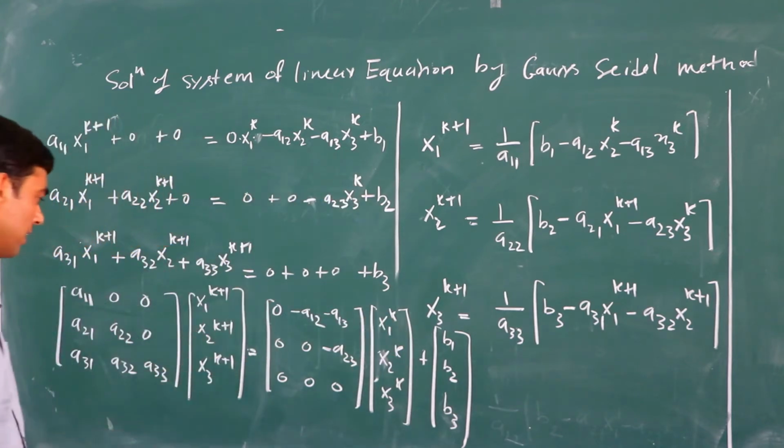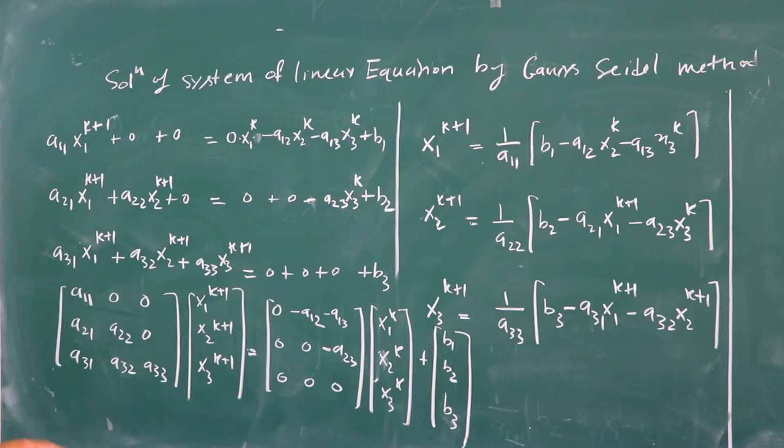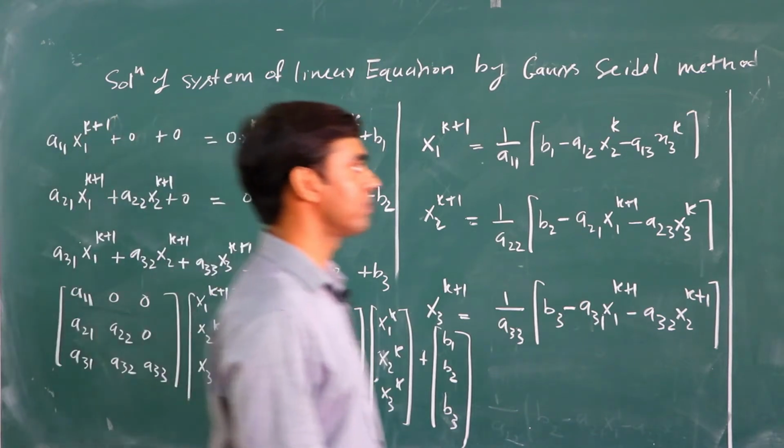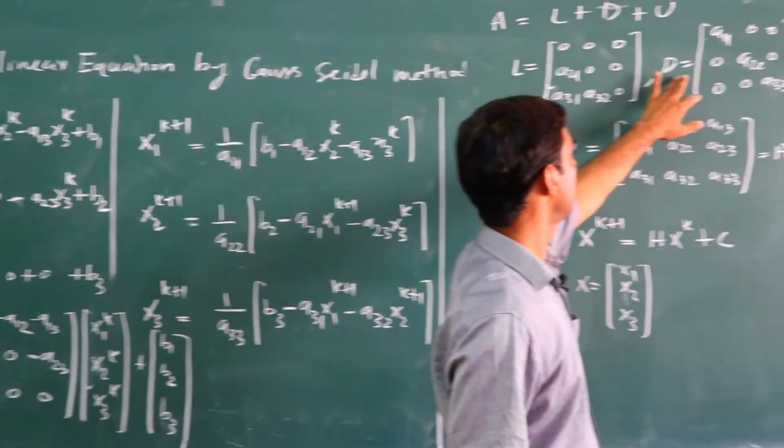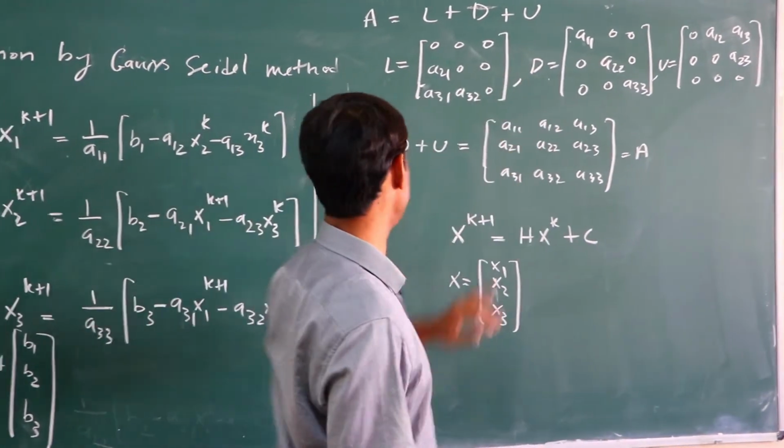So this is the matrix form, and if we closely observe, if we add L and D, the lower triangular matrix and diagonal matrix, what does L plus D become?